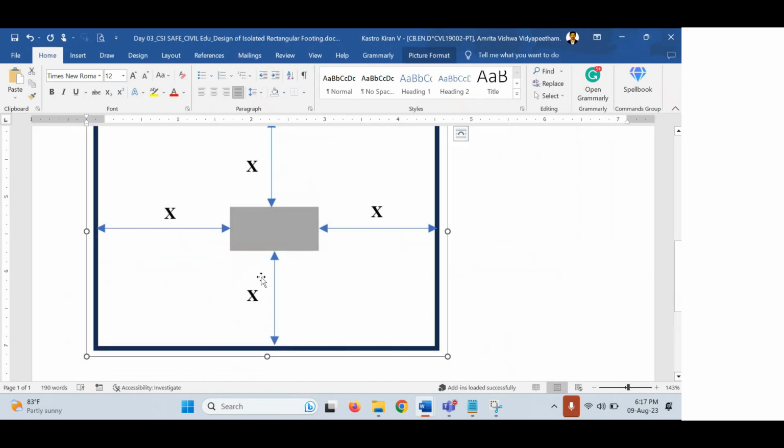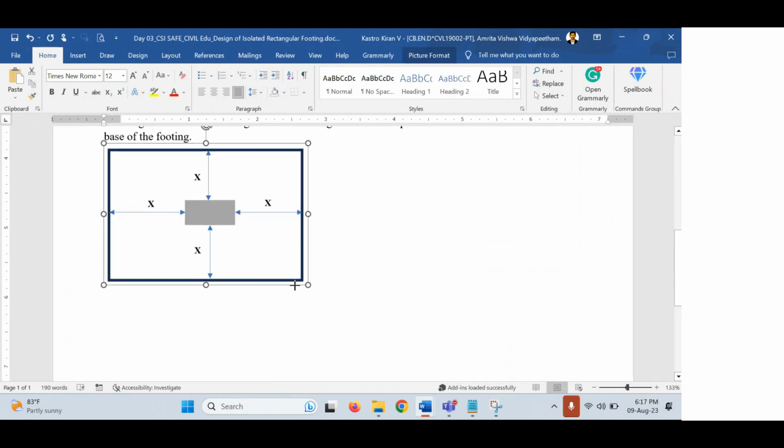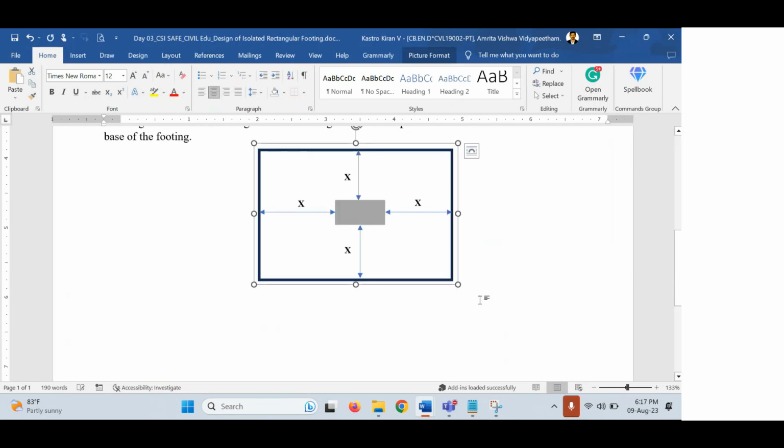It's very clear from this figure how the pressure distribution should happen. The pressure distribution should be uniform, such that whatever pressure comes from the column, or from the top of the foundation, is distributed uniformly. So how will we ensure the uniform pressure distribution?